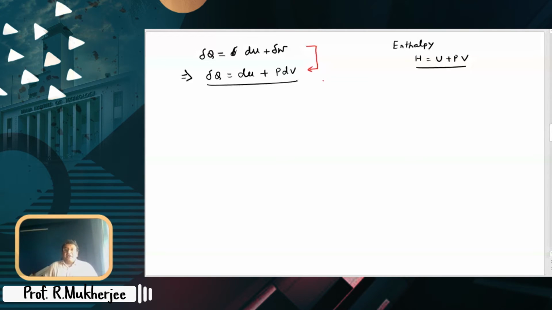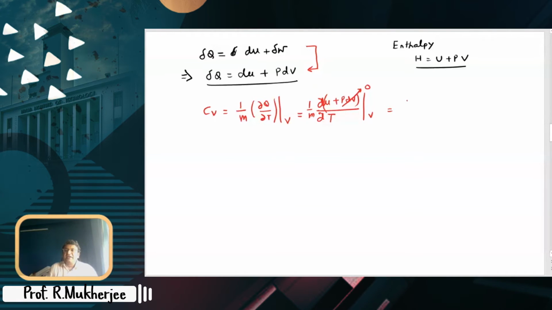Absolutely. Right. So now if we look into the definition of CV, what we get is 1 by m dq dt at constant V, and therefore what you get is d/dt of U plus P dV, and for a constant volume system, this is going to be 0, and you have 1 by m.